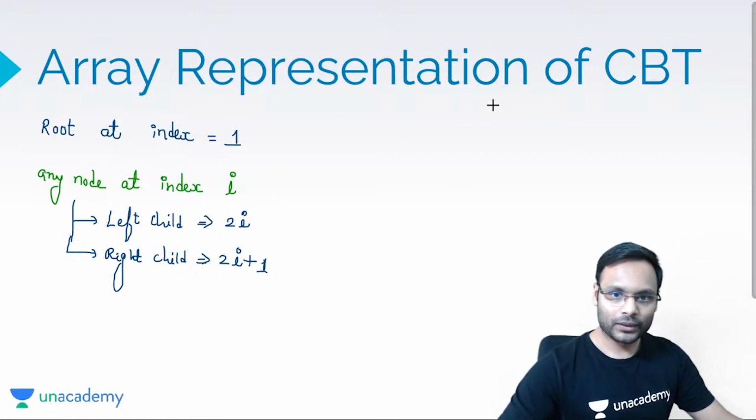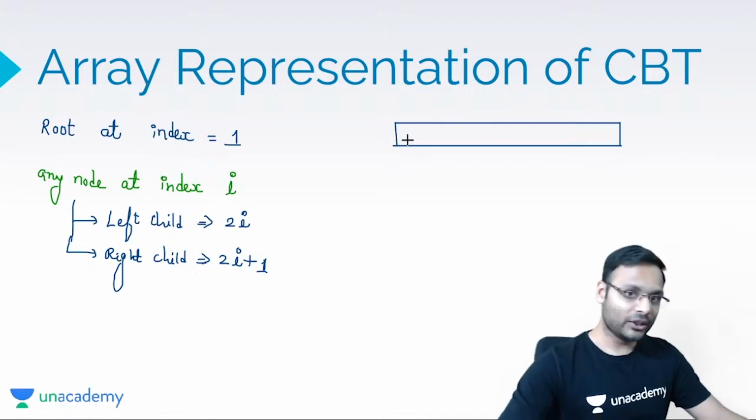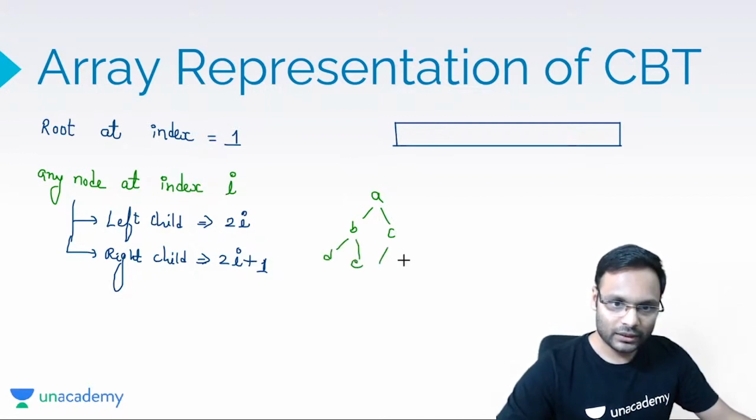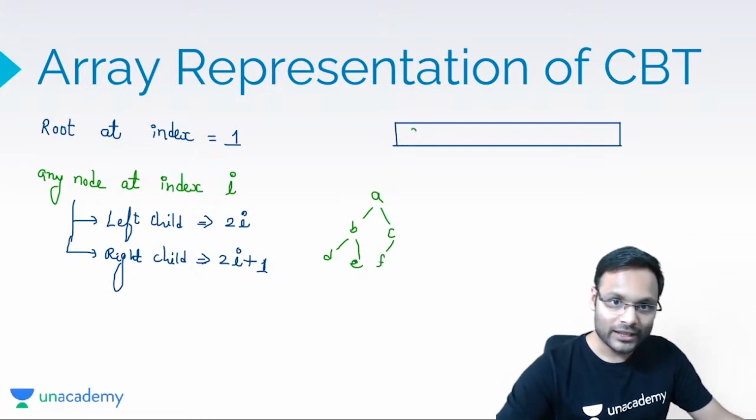So let's say this is the array. In the array you can store a complete binary tree. Why don't we store a general binary tree? I'll tell you later. Let's say the complete binary tree we have is this: A, B, C, D, E, F. Root A is on index number 1.